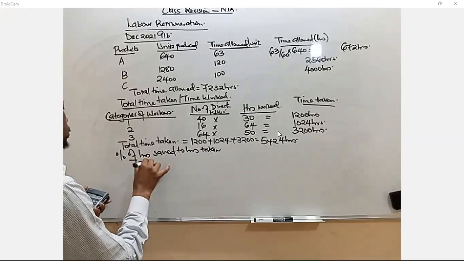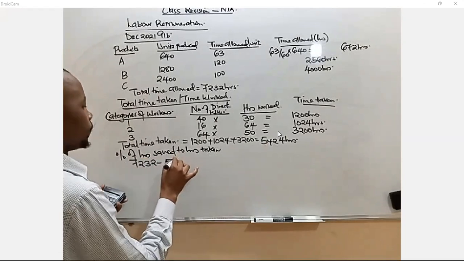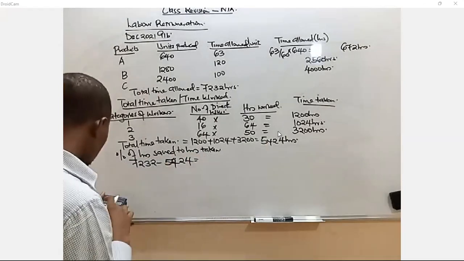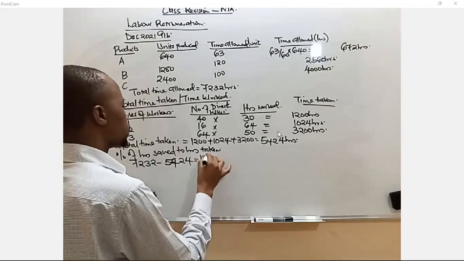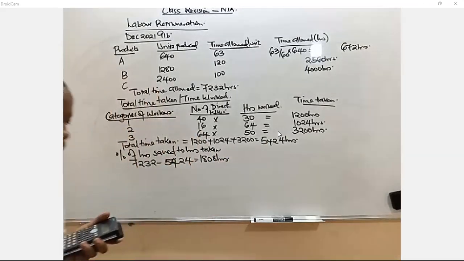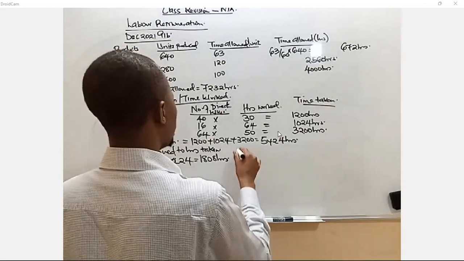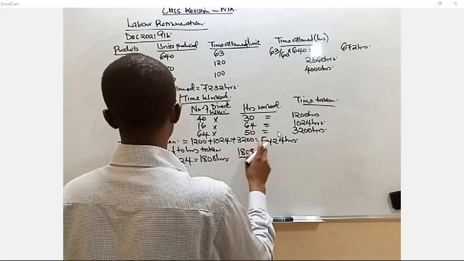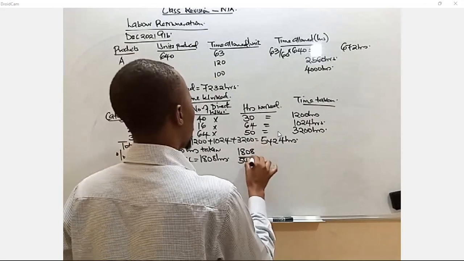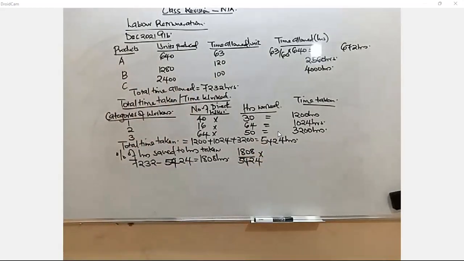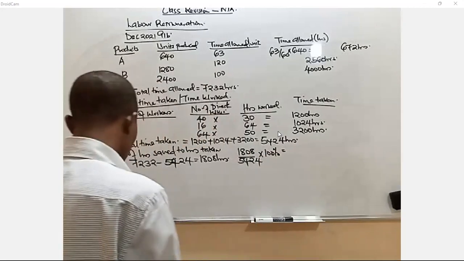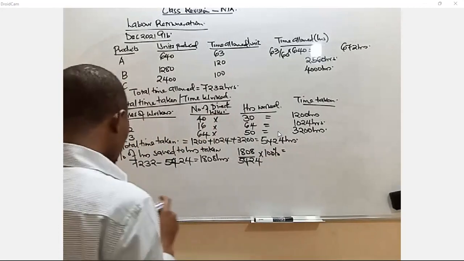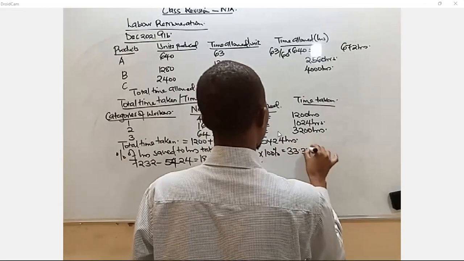So 7232 minus 5424, we are getting 1808 hours. Then we take the hours saved, 1808, divide it by the time taken, 5424, and multiply by 100%. We are getting 33.33%.